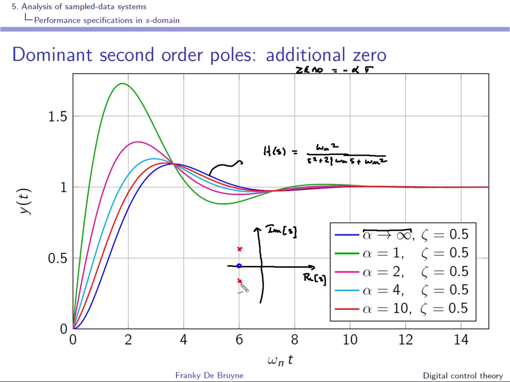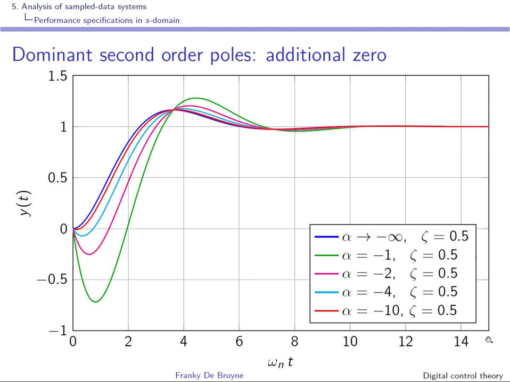And you can see that if this is the case, the influence of the 0 will be quite substantial. So previously we have considered the case where alpha is positive. By the way, we have normalized everything in such a way that you can draw step responses independently of the natural frequency. In this case, we'll take alpha negative.